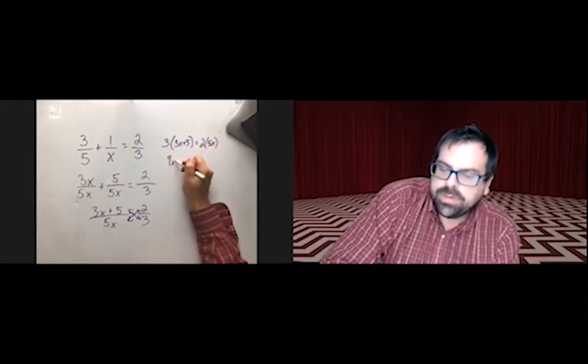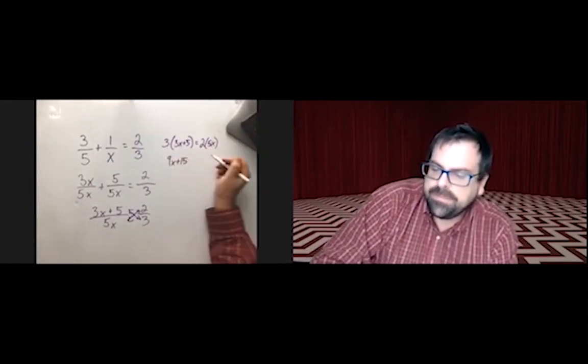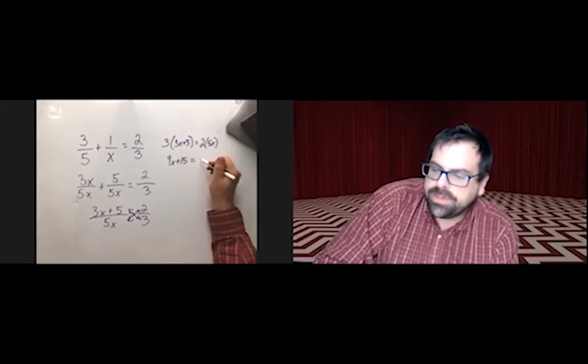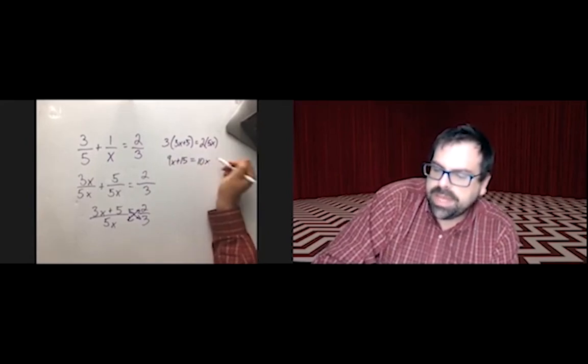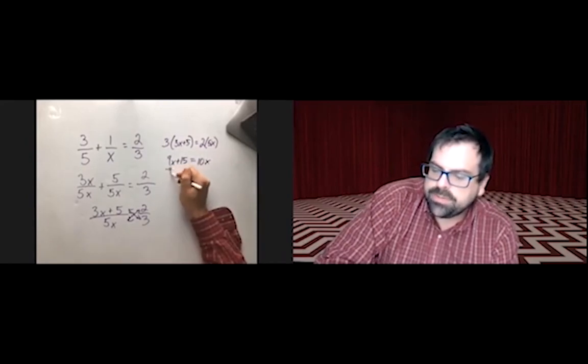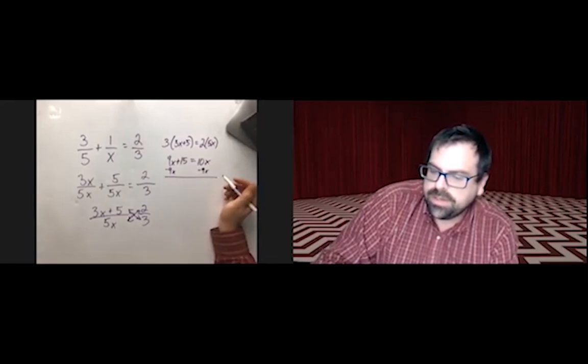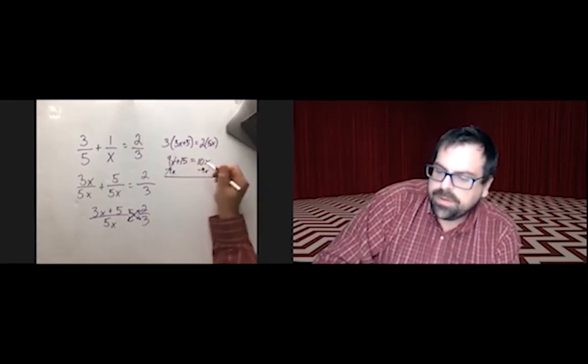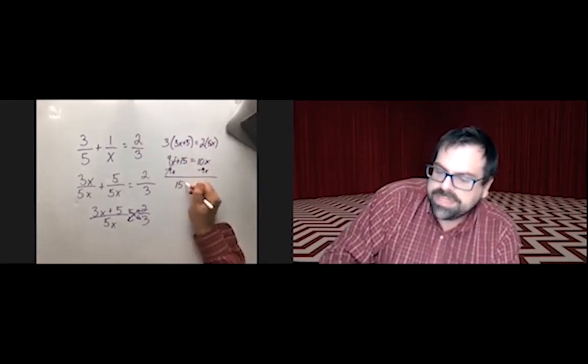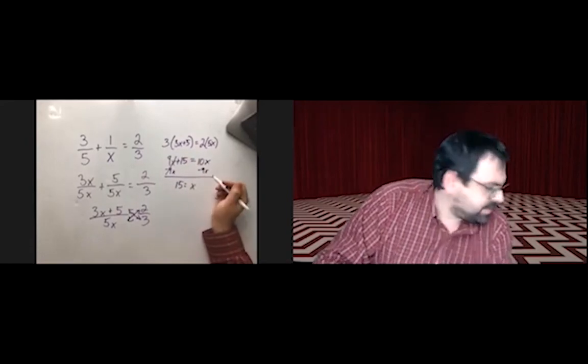Distribute: 9x plus 15 equals 10x. Subtract 9x from both sides. 15 equals x.